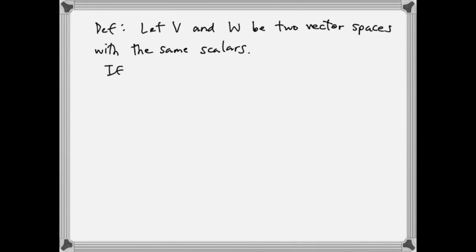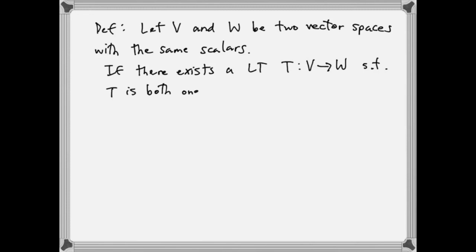If there exists a linear transformation T which goes from V to W such that T is both 1-to-1 and onto, we call T an isomorphism.